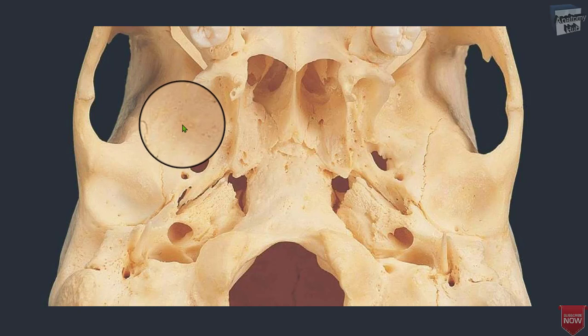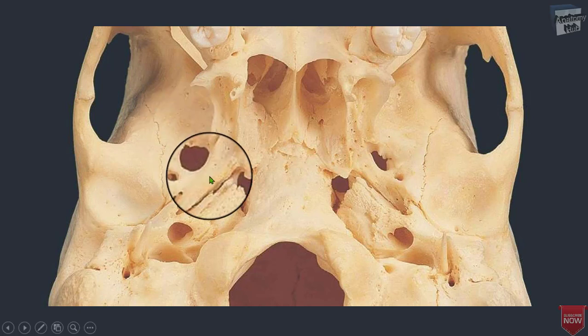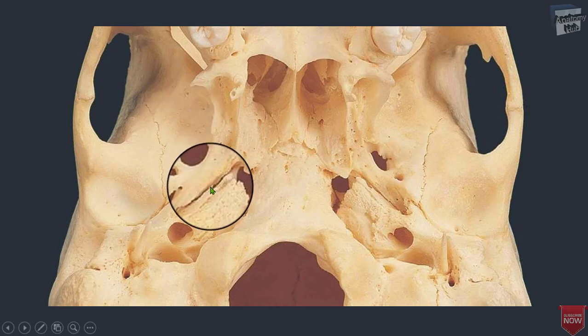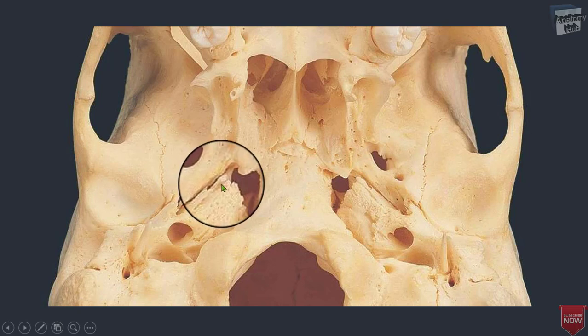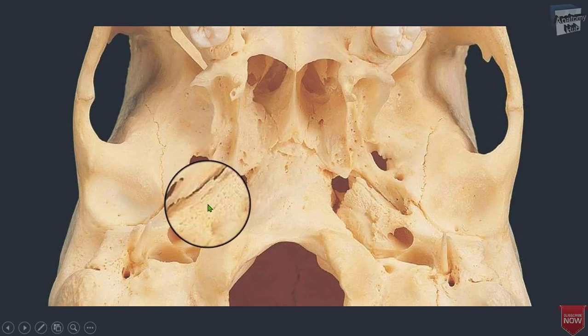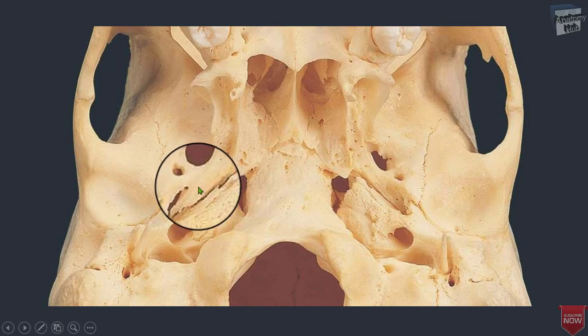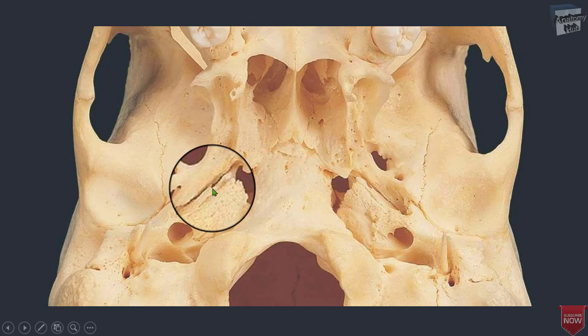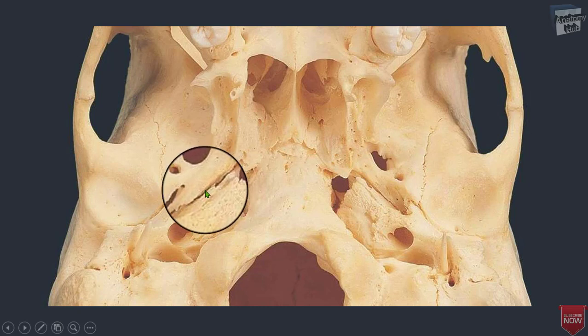Then what we'll find here is the cartilaginous auditory tube, that is not visible in a prepared skull, lodged in and filling the groove between the petrous part of the temporal bone and the greater wing of the sphenoid bone, and the roof of the groove is the petrosphenoidal suture, which I referred to earlier as a fissure, but now you can say it is a suture.